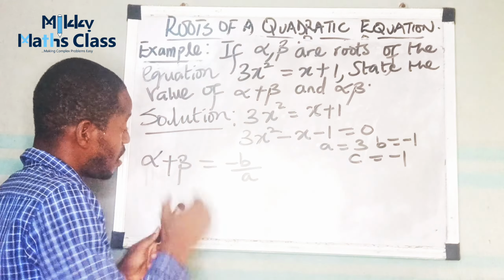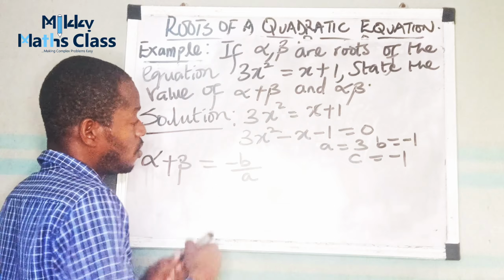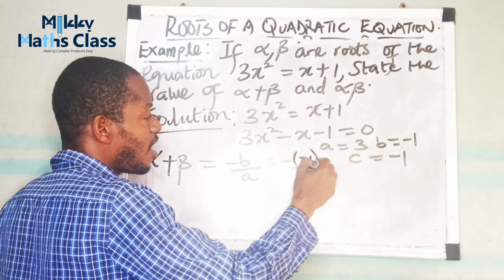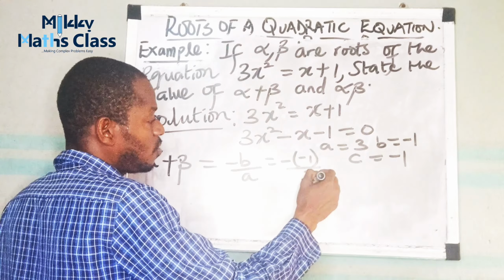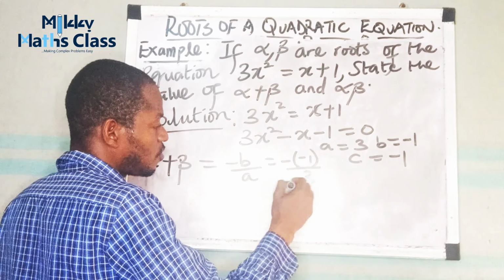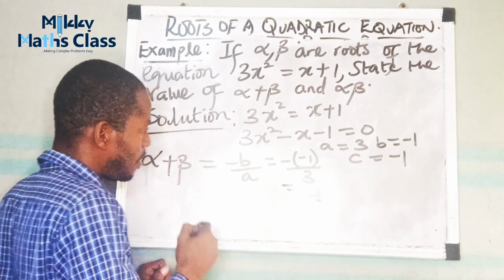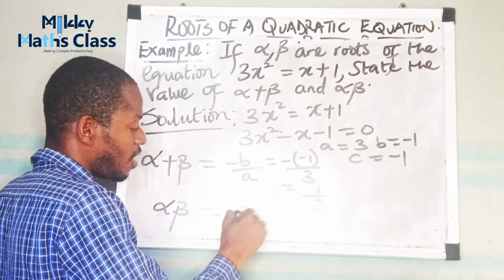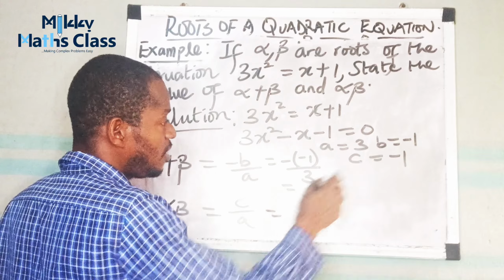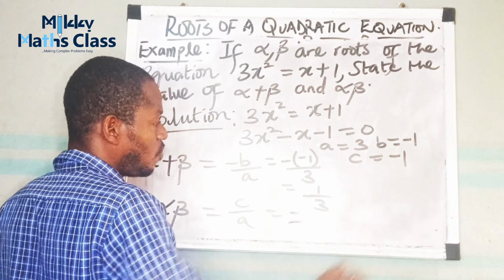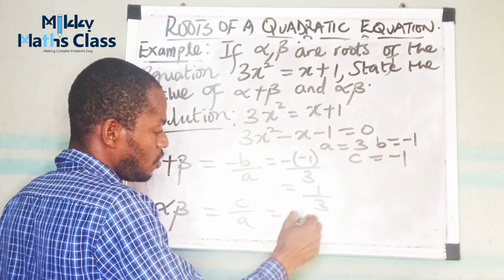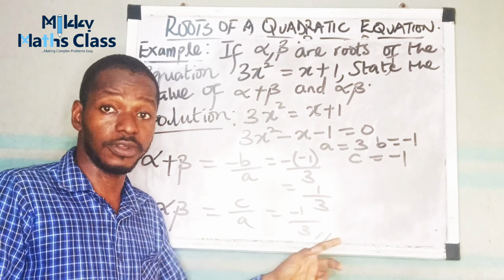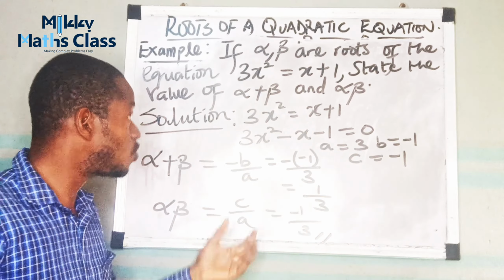So from here, our sum of roots is equal to negative, our b is -1, over our a is 3. So that becomes negative times negative, that's 1 over 3. And the product of the roots, alpha beta, equals c over a. And our c from here is -1 over, what's our a? 3. So therefore, our sum of roots is 1 over 3, and the product of the roots of this equation is -1 over 3.